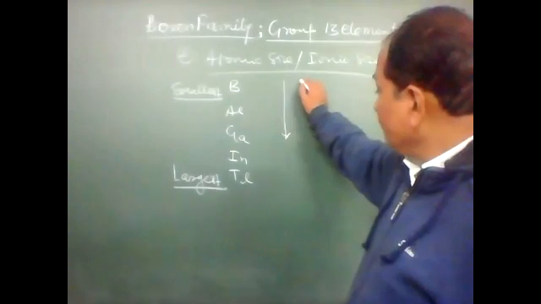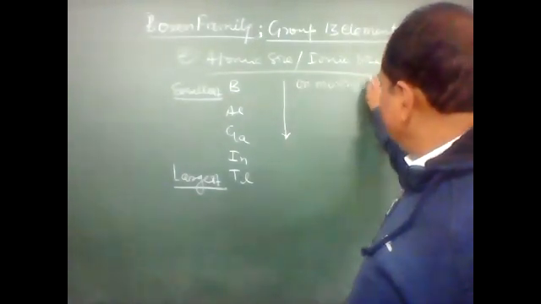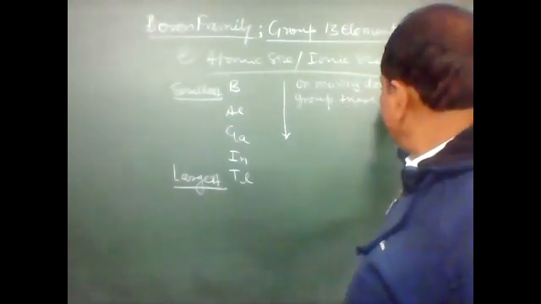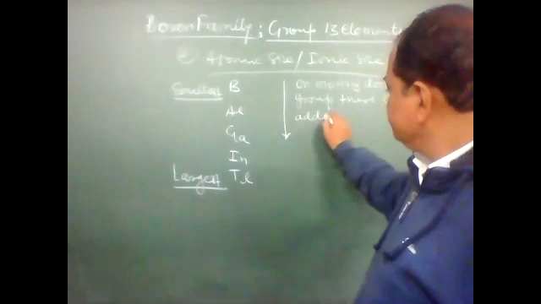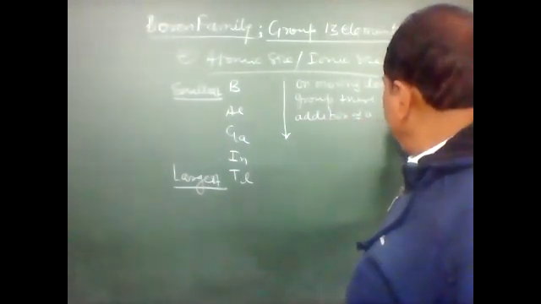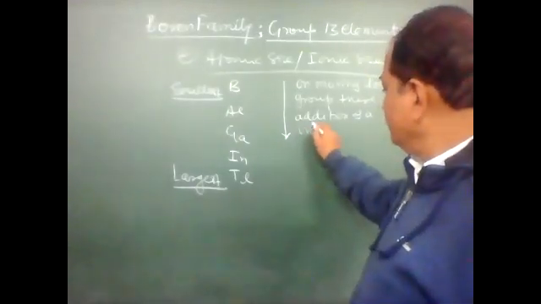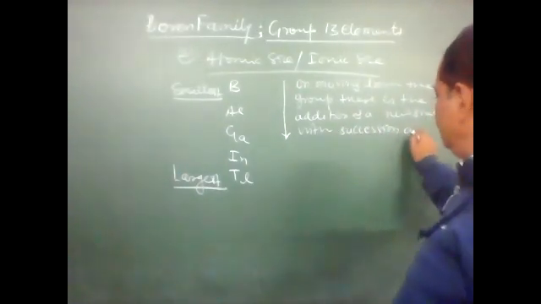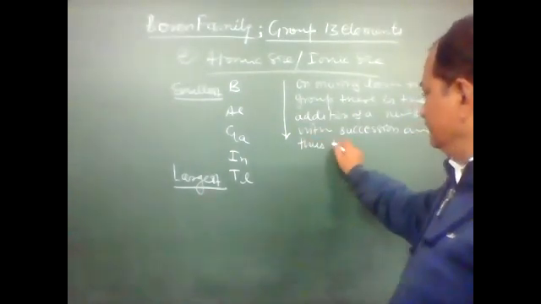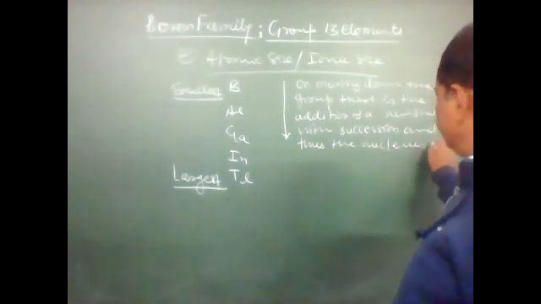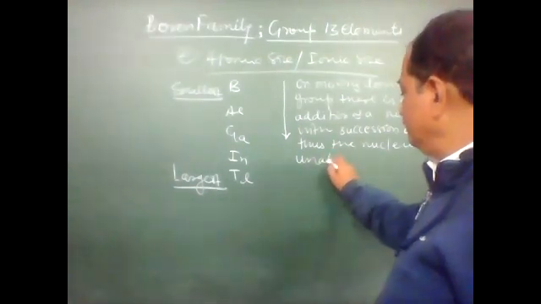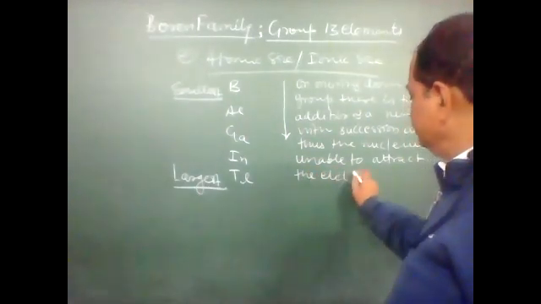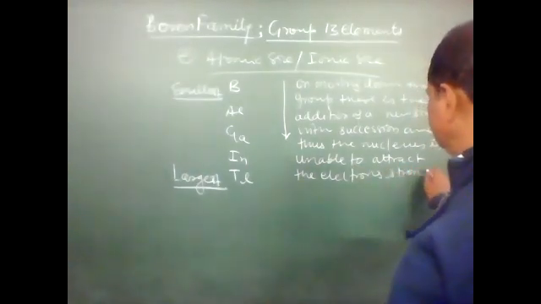The reason is that on moving down the group, there is the addition of a new shell with succession, and thus the nucleus is unable to attract the electrons strongly.